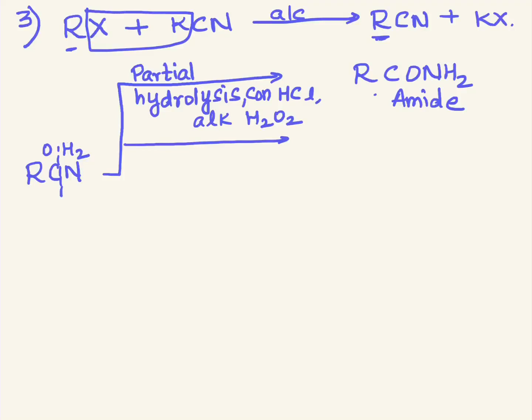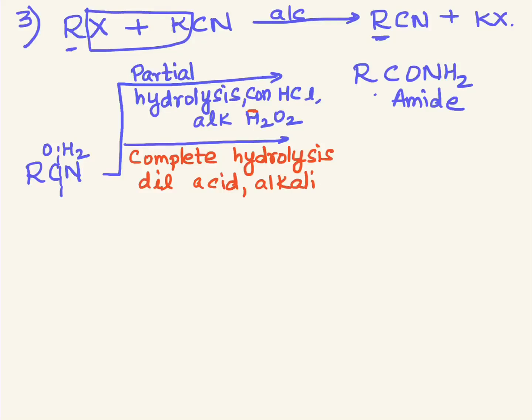Now, if we carry out its complete hydrolysis. Complete hydrolysis means earlier I had taken concentrated acid. What will I take now? Obviously, dilute mineral acid. Or we could also take an alkali.